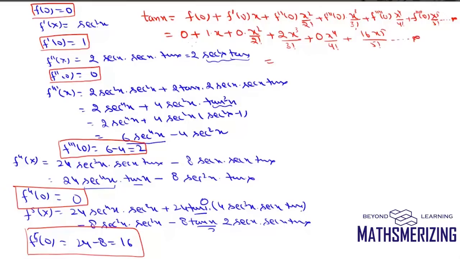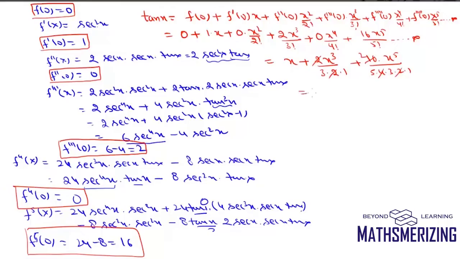So I can simply write it as x plus twice x cube upon factorial 3, and factorial 3 is 3 into 2 into 1, and plus 16 x to the power 5 upon 5 into 4 into 3 into 2 into 1. So here 2 will get cancelled, and here 4 into 2 is 8, and this 8 cancels 16, I'll get 2.